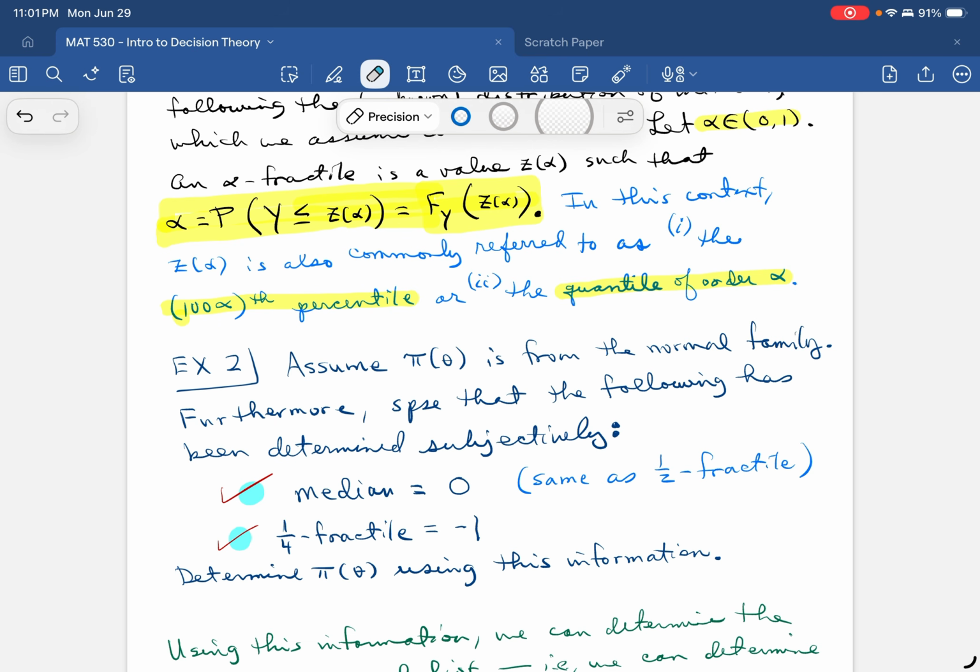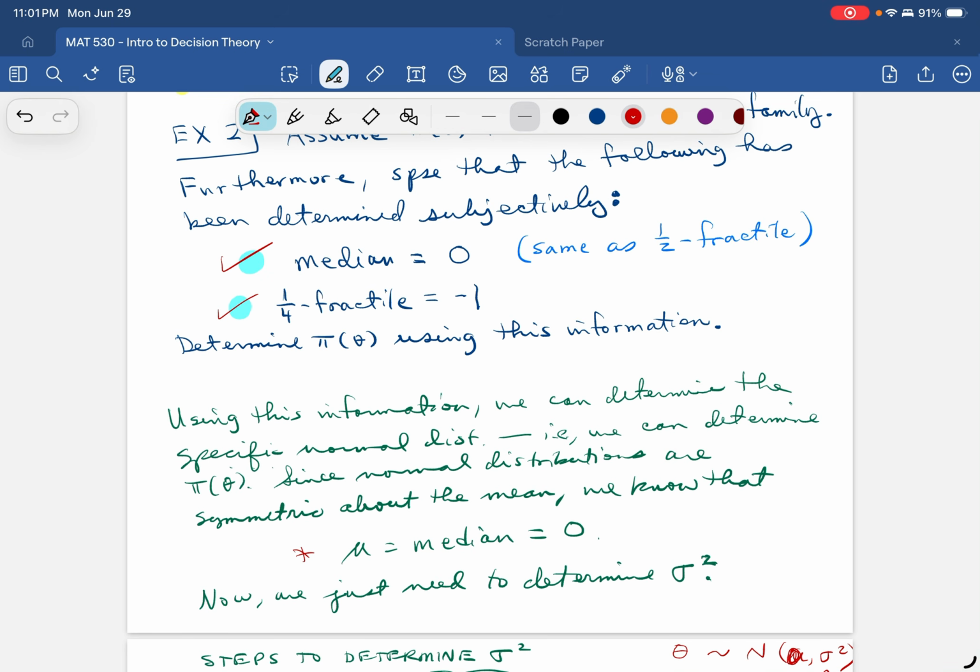So we should now be able to determine what mu and sigma are from the family to use for our pi of theta. Now, since the normal distributions are symmetric about the mean, we all know that, then mu is 0. So we just need to determine what sigma squared is. And remember, we know that the 1/4 fractile equals -1. This second fact is going to be critical to determine what sigma is.